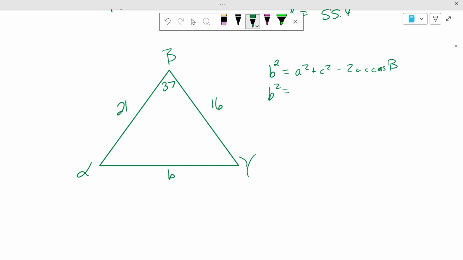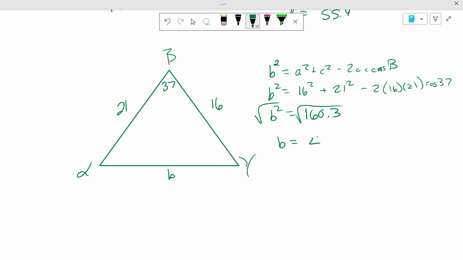So b squared equals a squared, which is 16 squared, plus c squared, which is 21 squared, minus 2 times 16 times 21, cosine of 37. What's b squared equal? 160.3. Take the square root of that. I bet we're about 40.